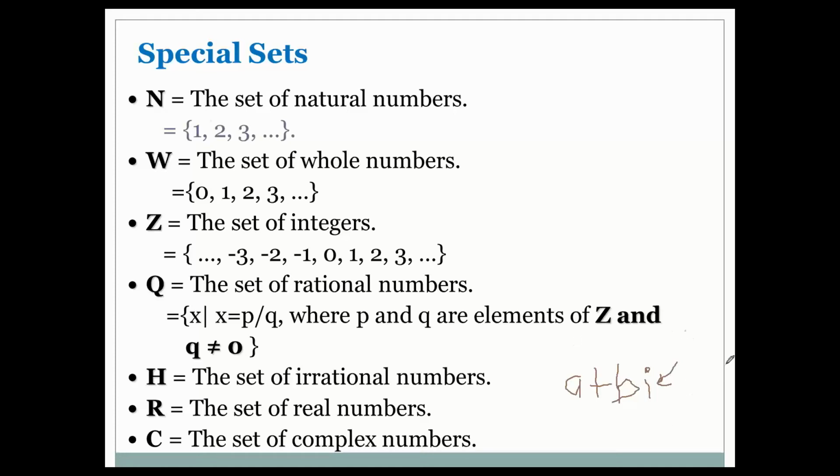You probably remember having to deal with this back in high school. Because no real number will satisfy this equation, I is the imaginary number, and that makes this a complex number. So those are all the different special sets. There may be more, but those are the most popular ones.